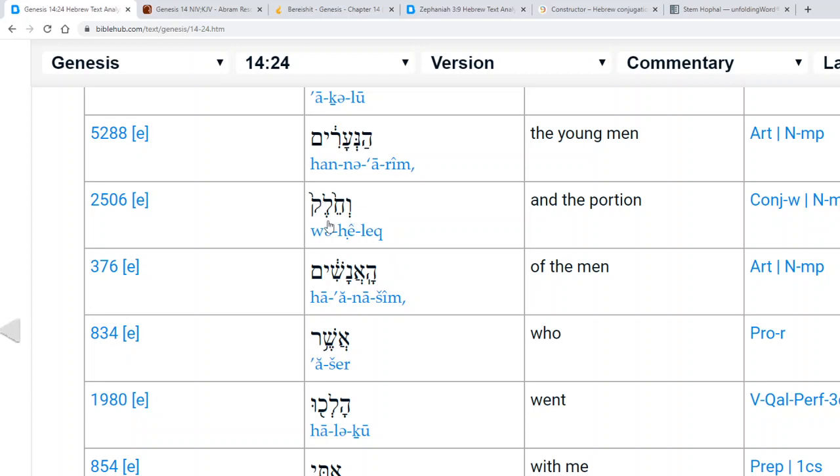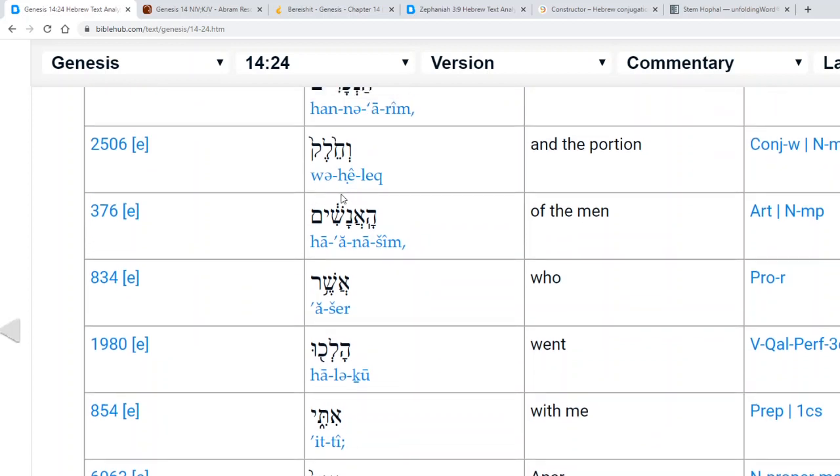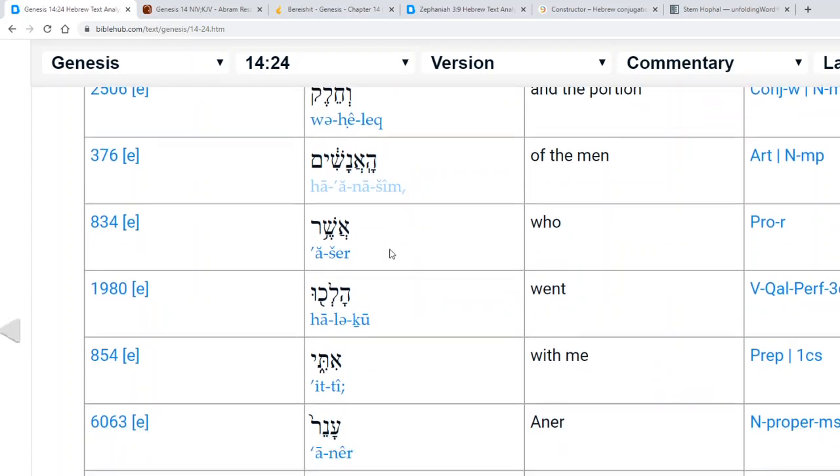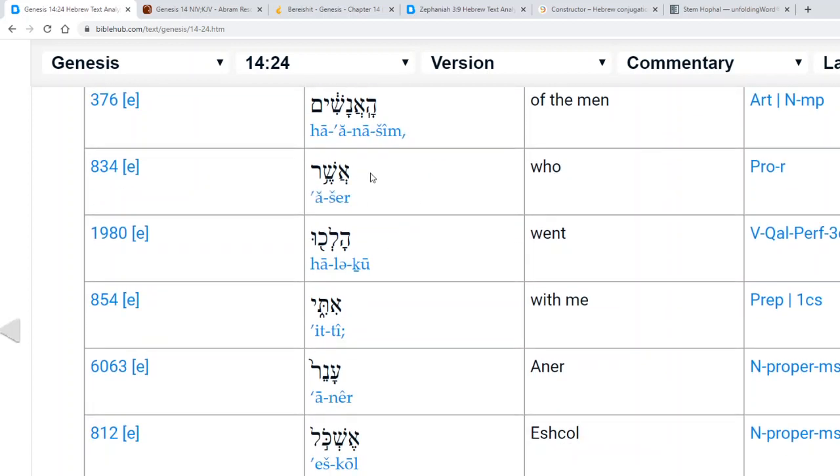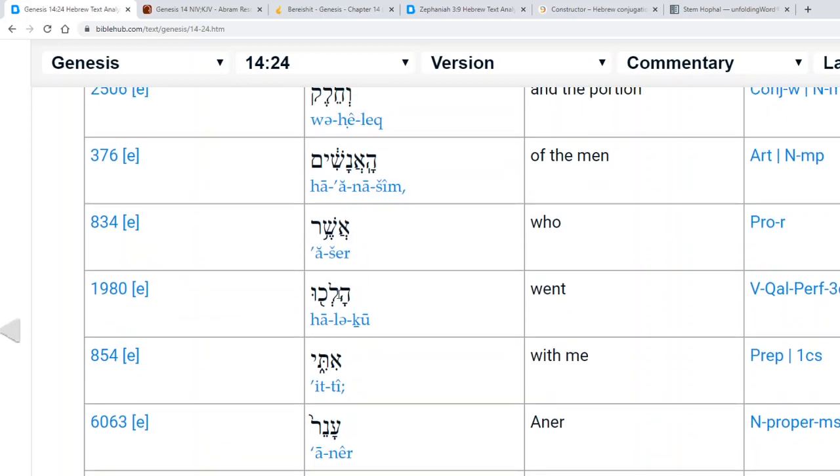So I guess what belongs to ha'anashim asher halchu iti. The article hey, anashim means men. It is with the yud, but that's normal. Asher, pronoun relative. Halchu, the root is hey lamed chaf, in the plural, they went.